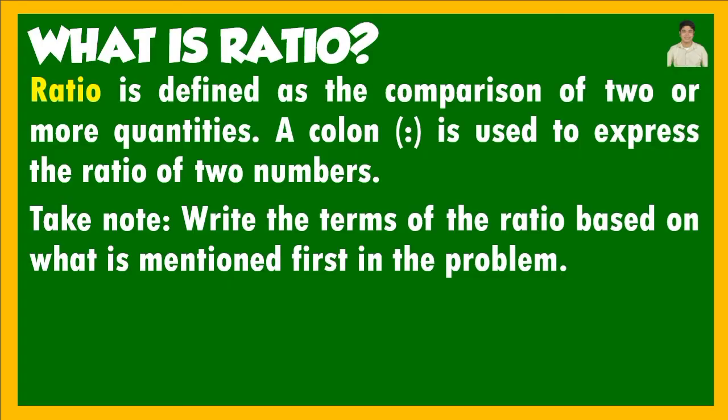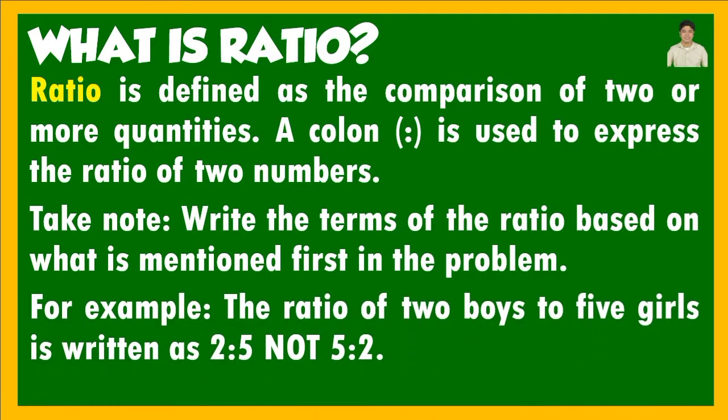Take note, write the terms of the ratio based on what is mentioned first in the problem. So when we write the terms of a ratio, the first thing we write is what was mentioned first in the problem.